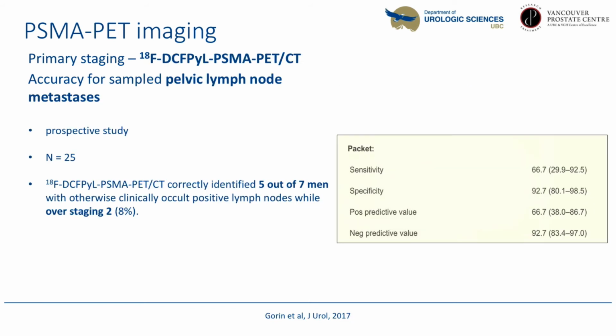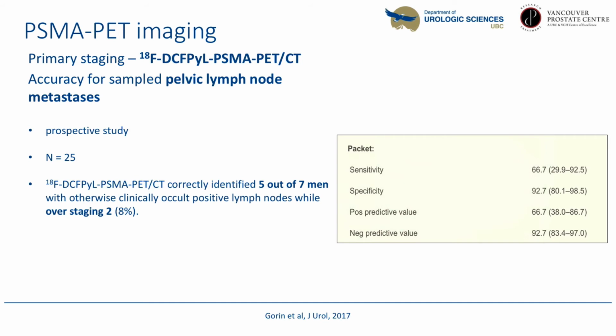There's a little bit more out there on the accuracy for assessing pelvic lymph nodes. A study that has been done in 25 patients, where 5 men who were positive out of 7 actually showed these lymph nodes. 2 men did not have lymph node metastasis on pathological evaluation.